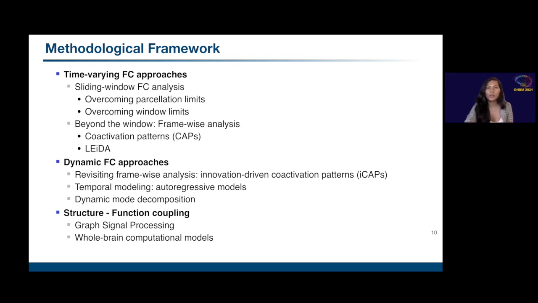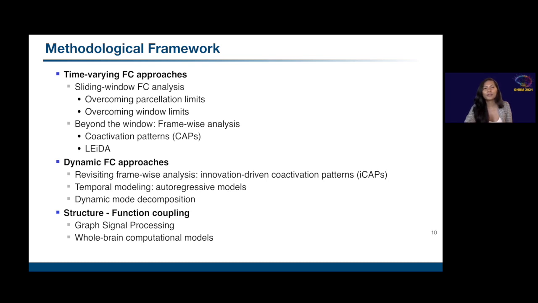And then lastly, we will touch upon the discussion on how the underlying anatomical structure affects or constrains the dynamics of brain function using different methods that are currently very prominent in the field.